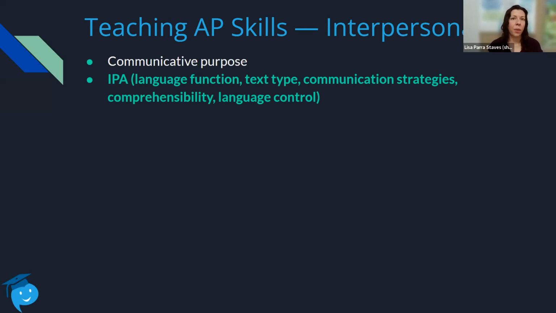Or do you think you could drop them on the street of any target culture and they could fend for themselves? Could they get themselves into trouble as well as out of trouble? Also, their language control. This is their accuracy with their grammar, their vocabulary, the vehicle in making meaning.